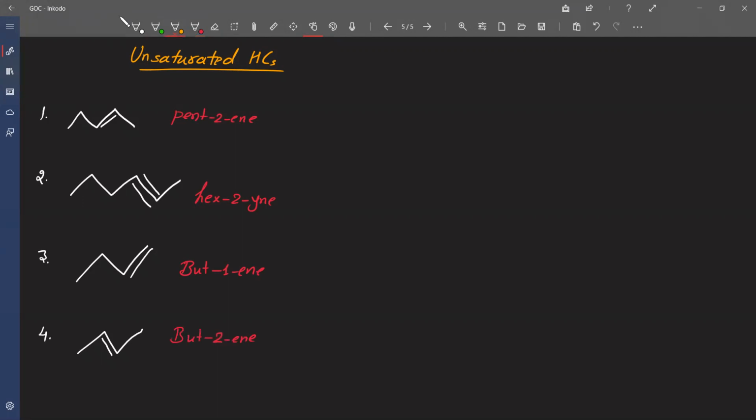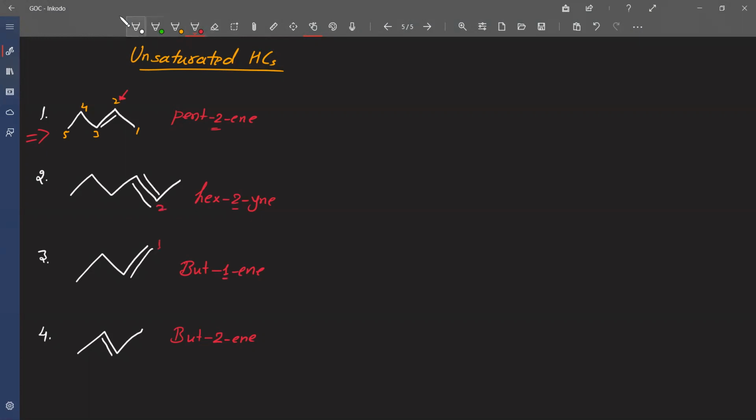Yes. So you have to start giving them numbers from one side such that the least double bond is at the least position. You can see the double bond is between position 2 and 3 in the first example, but you will take only the second position. So this is pent-2-ene. Similarly, this one is hex-2-ene, this one is but-1-ene, and so on.